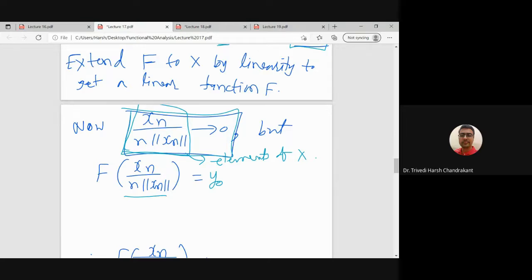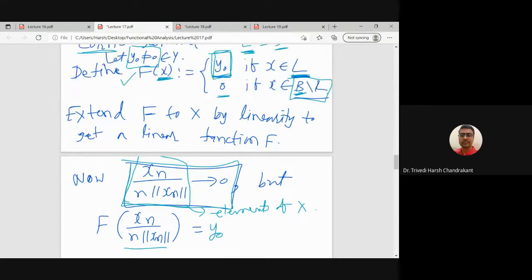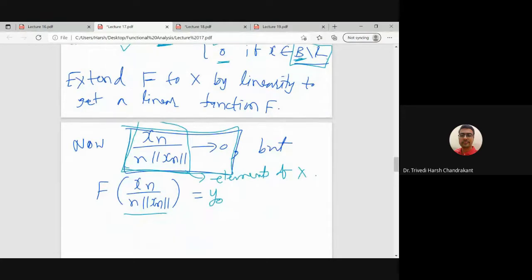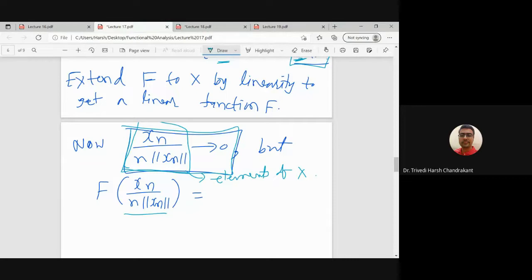Because that is the condition coming from the LI set. Okay. So what I have written is fine.